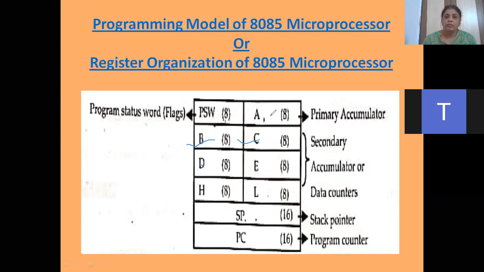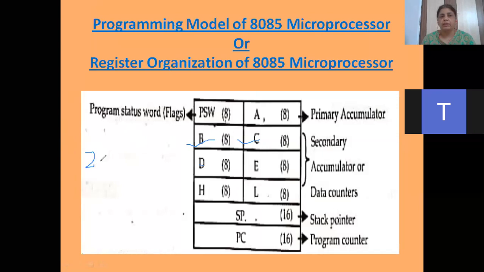But along with the operation that it can store 8-bit data, it has other special important functions. And what are those functions? The first very important function: it is used in arithmetic and logical operations.